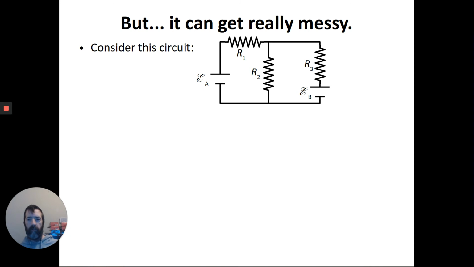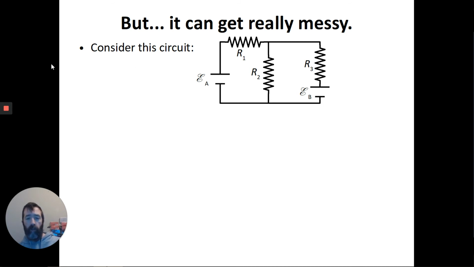And it involves setting up a system of equations because there are multiple loops that you can write formulas for. There are multiple junctions you can write formulas for. And then you have this big list of equations, and you'd have to substitute them into each other or make a matrix or something that nobody really wants to do. So I have all the resistances labeled and the EMFs of the two batteries.